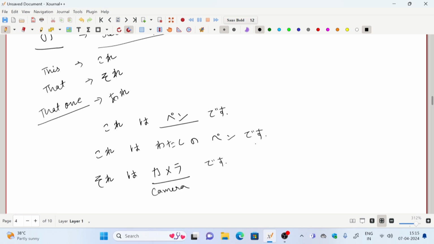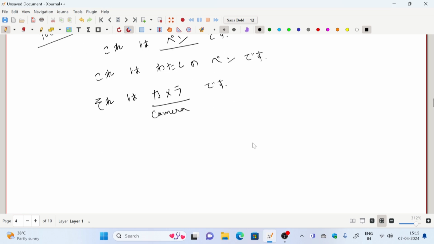Now, if I say that is my friend's camera, friend in Japanese is tomodachi. Sore wa tomodachi no camera desu. So that is my friend's camera.